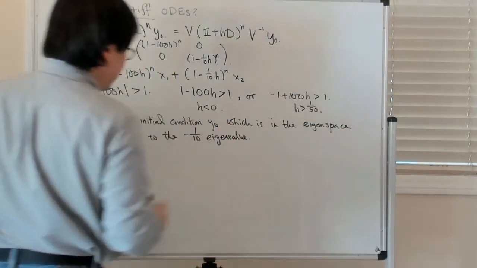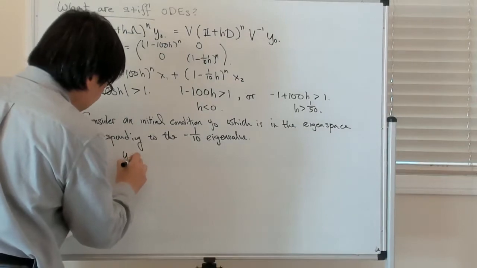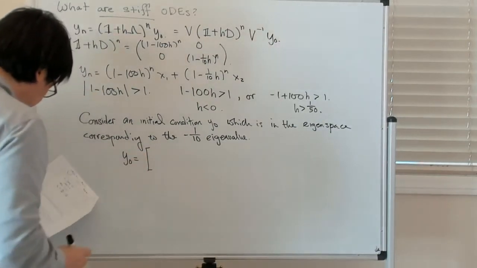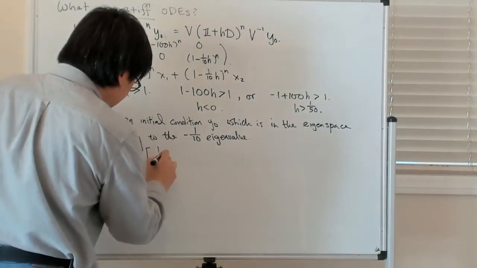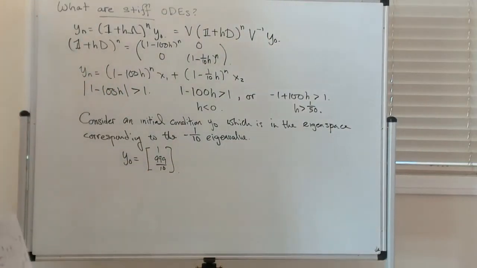And you can check that this happens if, for example, y0 had the following form, 1 and 999 over 10. You can check that this is an eigenvector of lambda with eigenvalue minus 1 over 10.